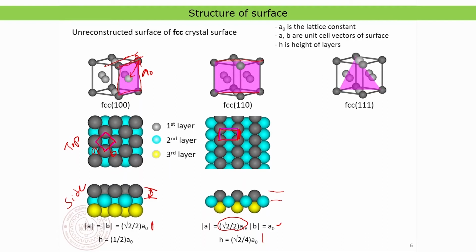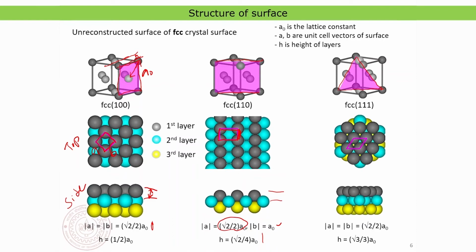So let's also have a look at the FCC 111 surface, which is created through this plane, and now you see the plane is looking like a triangle within the unit cell. So that means the atoms must be arranged at the corners of a triangle, and if you now create a surface by cutting this plane through the bulk crystal lattice, you would generate this top view of the surface, where you can see that the atoms are arranged in the corners of a triangle.